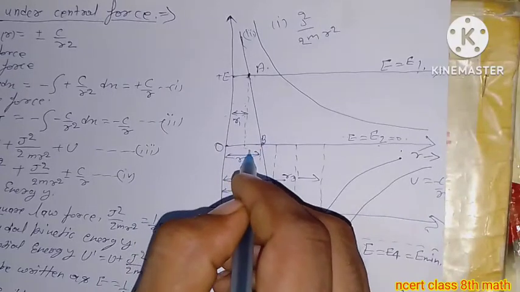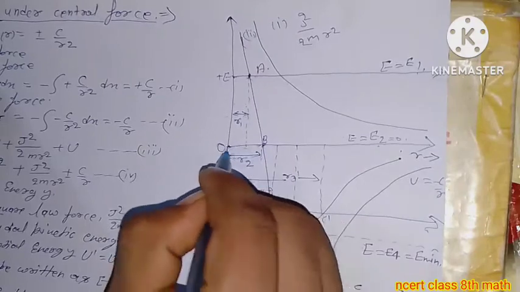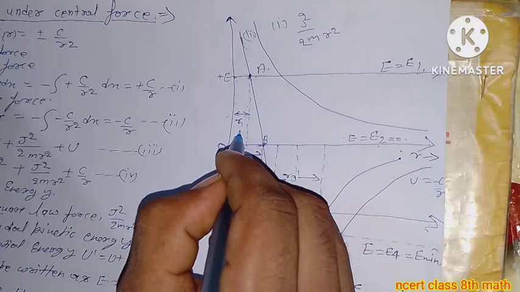The value of R2 is greater than R1. The motion of the particle is still unbounded. The path is a parabola.